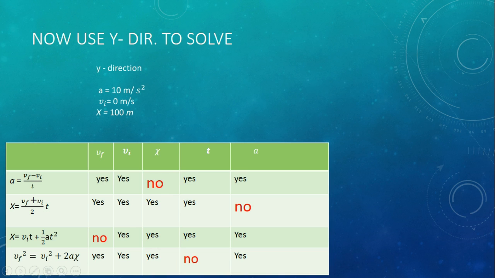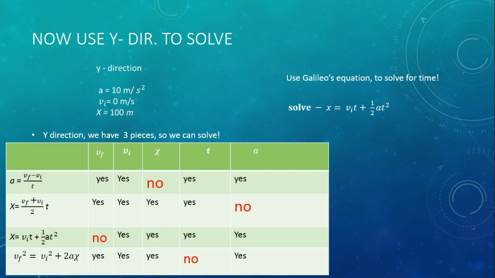So we can use this equation, Galileo's, because it has all 4 variables that we want: time, acceleration, initial velocity, and displacement. It doesn't have final velocity. So Galileo's is what we need to use.